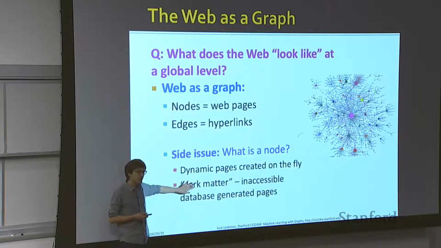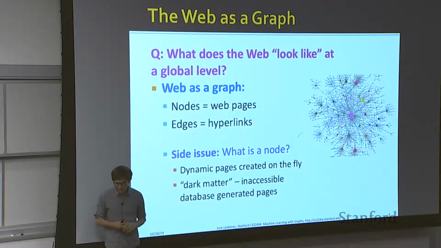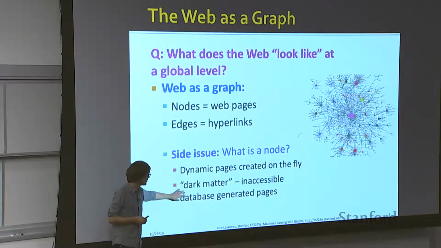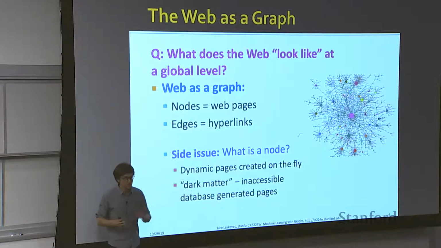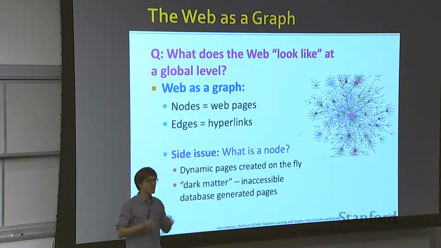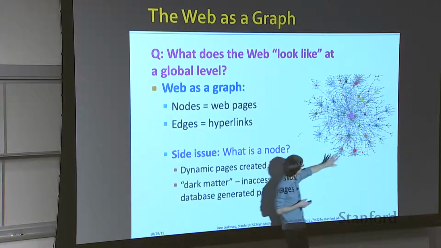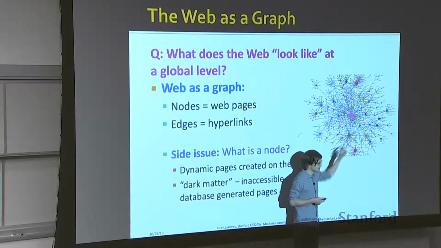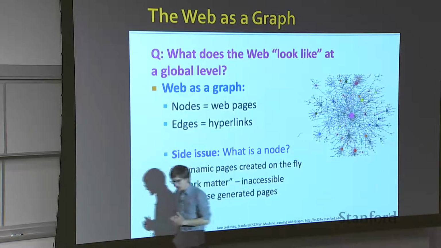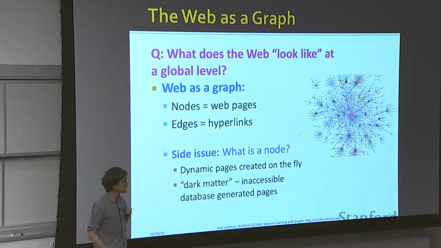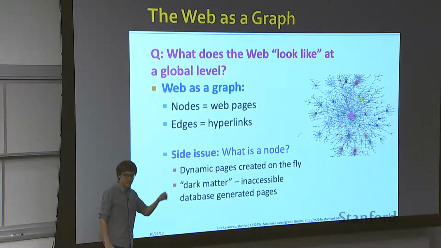The other thing we will also ignore is what people call dark matter, which would be inaccessible pages on the web that are behind firewalls, behind passwords, logins, and so on. So these are issues we will ignore. So for us, the web will be this set of web pages. There will be links between those web pages, and all these web pages have unique URLs, right? So when I say a page, I mean a unique URL.